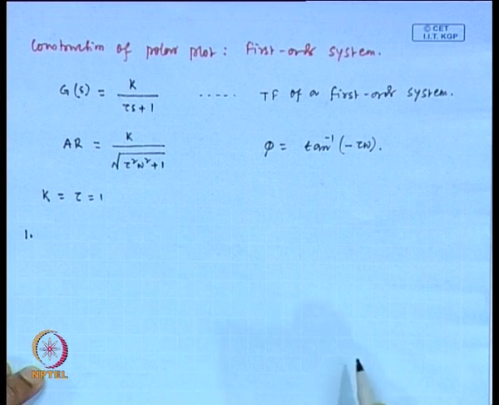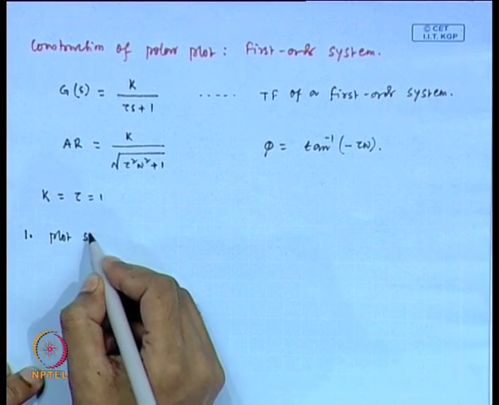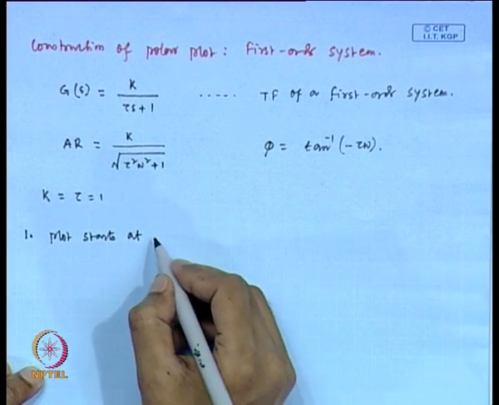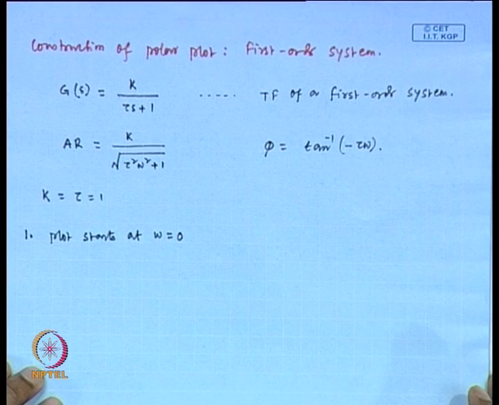Now, like the Bode plots, the polar plot starts at omega equal to 0. Fine.